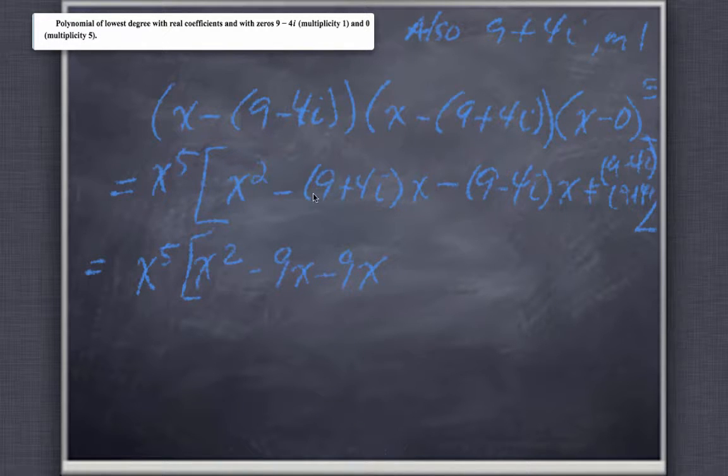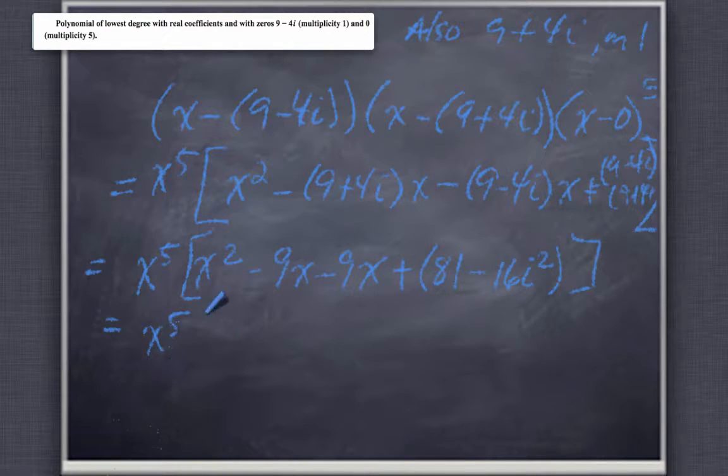If you have paper, you can write all those steps out, just distribute the x in these two. And then plus, I have another foiling, so 9 times 9 is 81, minus 4i times 9 plus 4i times 9, minus 16i squared, so 4i times 4i.